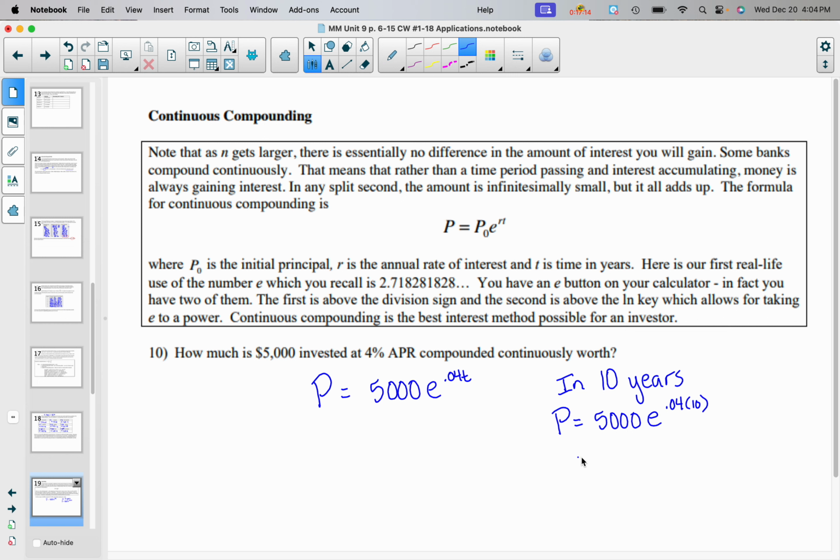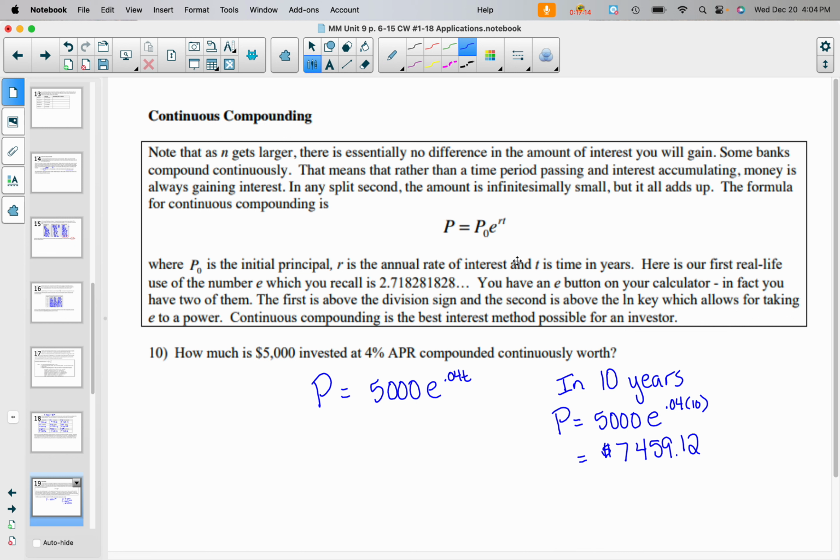And if you evaluate that, you get $7,459.12. So notice that that's actually the same amount if you compound it every minute or every hour, because those were approaching this value and this idea of compounding continuously.